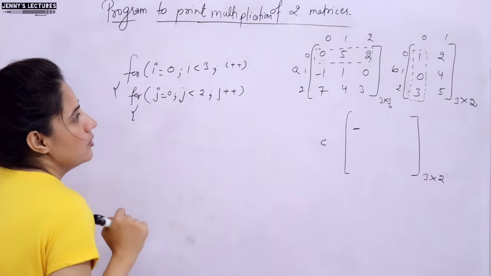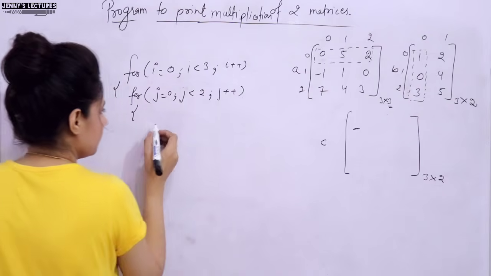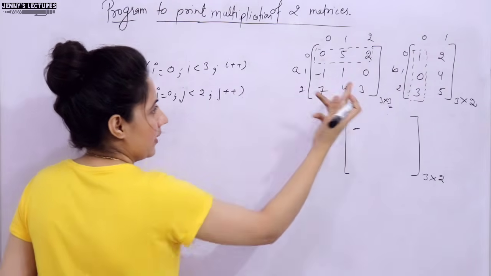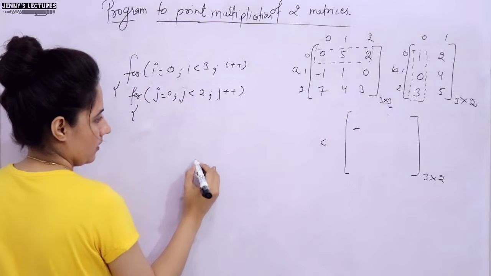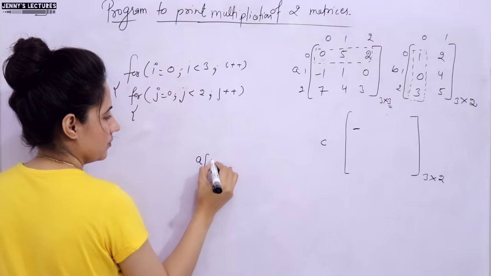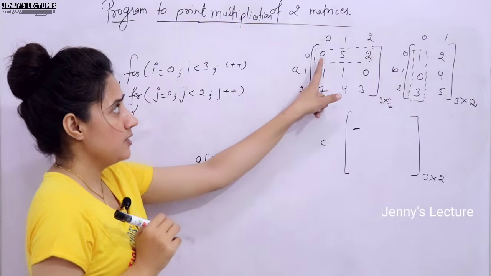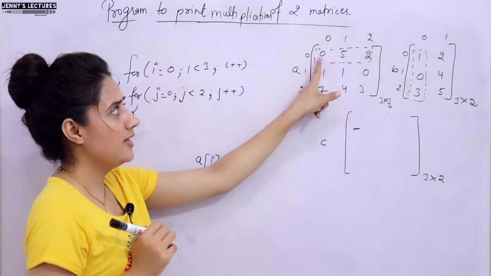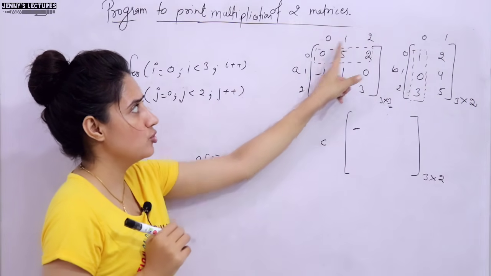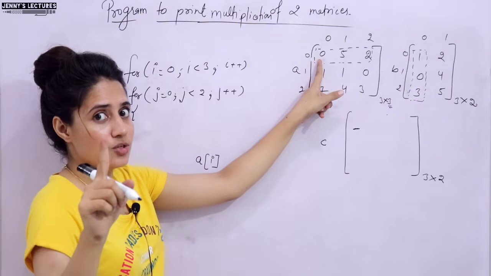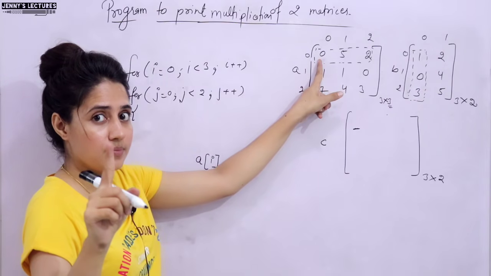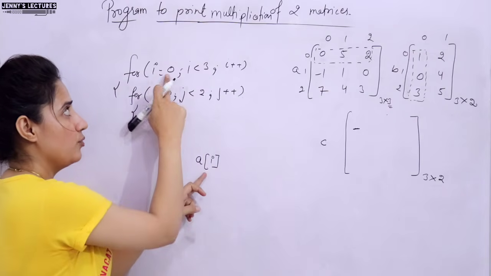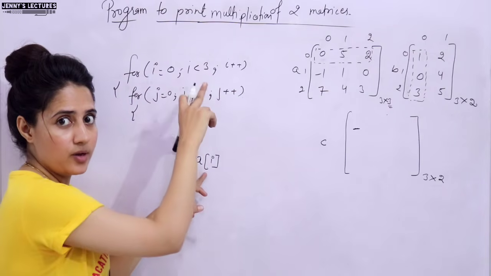So now how are you getting this? See, here I am accessing and multiplying what? A of, I am accessing these elements, means the index would be 0,0, 0,1, 0,2, means the first index is 0, and that is I. For the first iteration I would be 0 for all the iterations, then it would be 1, right.